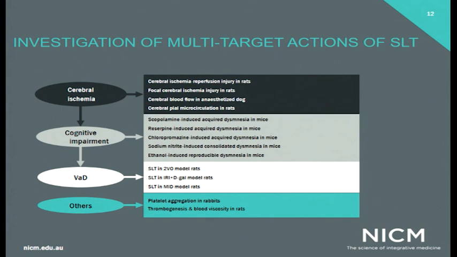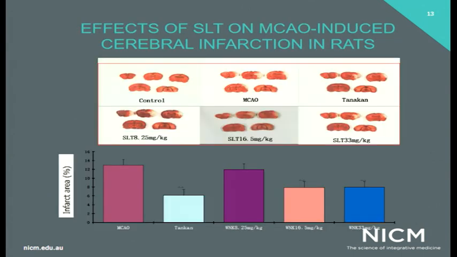So this shows you the animal models we have used to evaluate the mechanism of action. We use a whole range of cerebral ischemia models, neurocognitive impairment models, vascular dementia models, and other models. I won't go through them in detail, but rather show you the extensive models we have used in the team to define the mechanism of action of this particular herbal formula. So I will just show you a couple of results.